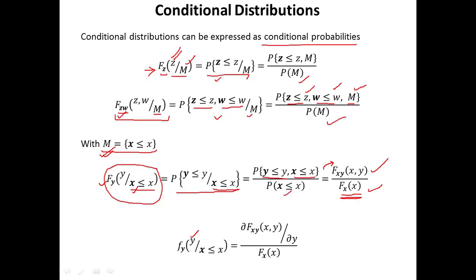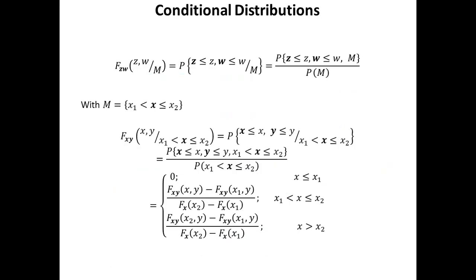So this will be equal to del by del y of this whole quantity, but since only the numerator depends on random variable y and the denominator is independent, we can write it as del by del y of F_XY of x, y, over simply the CDF of x.